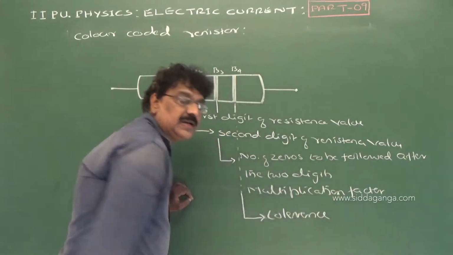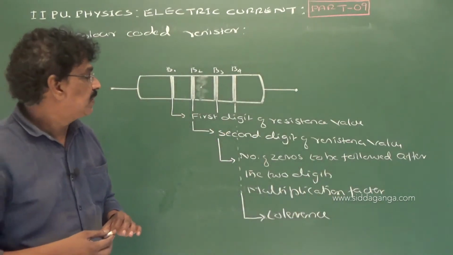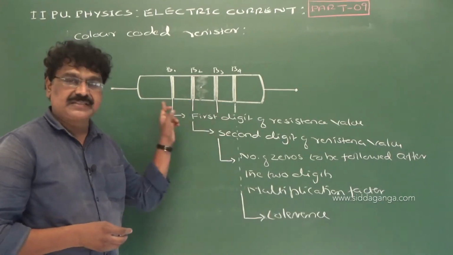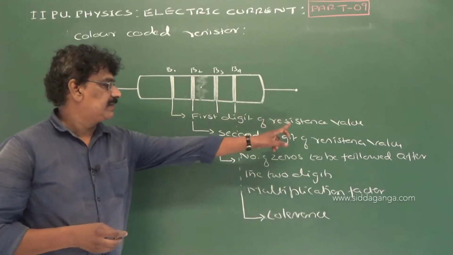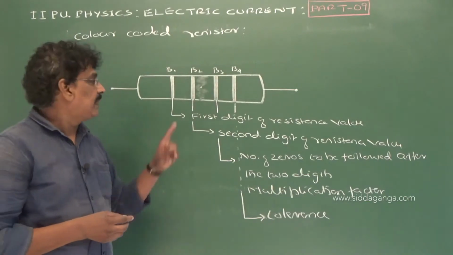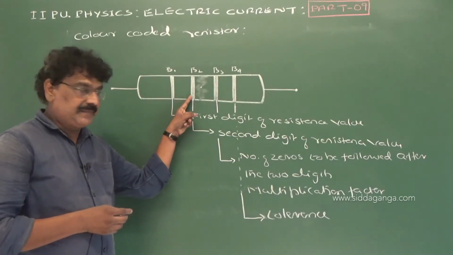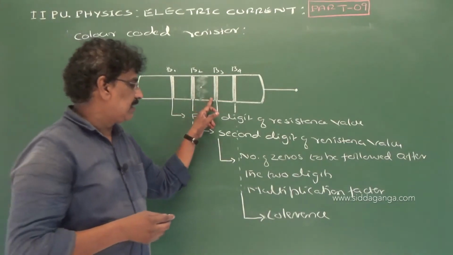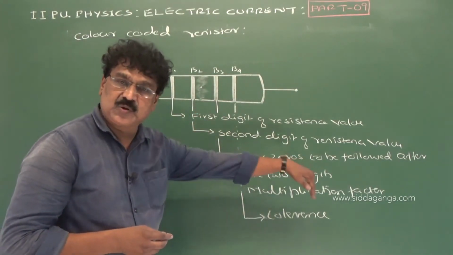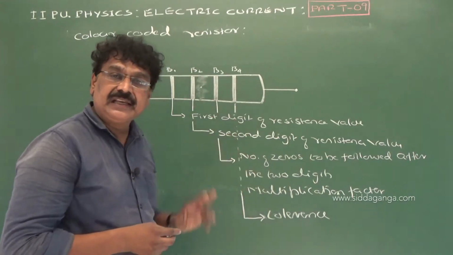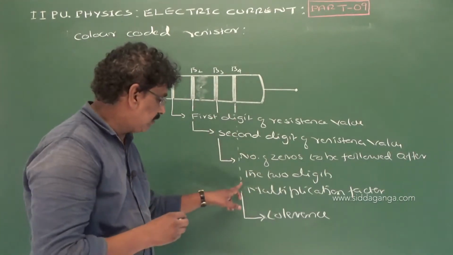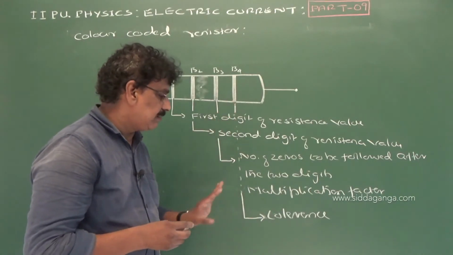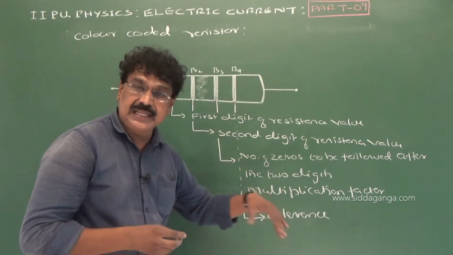It represents tolerance of resistance value, right? The first band is the first digit of the resistance value, the second colored band is the second digit, the third colored band is the number of zeros to follow the two digits, or the multiplication factor, and the fourth colored band represents the tolerance.